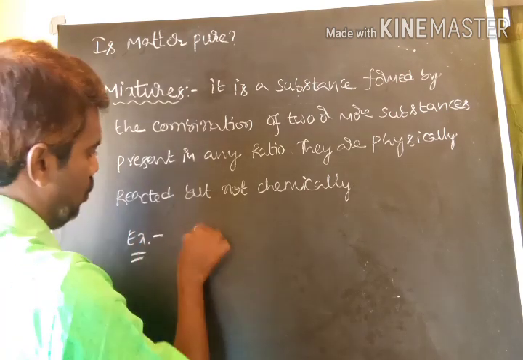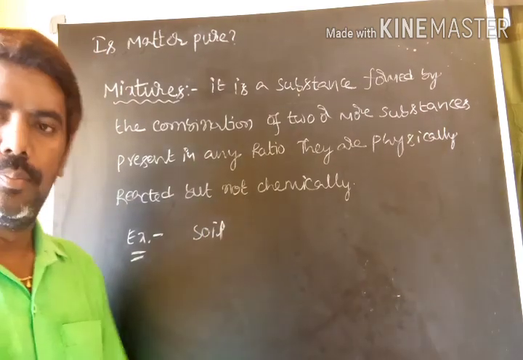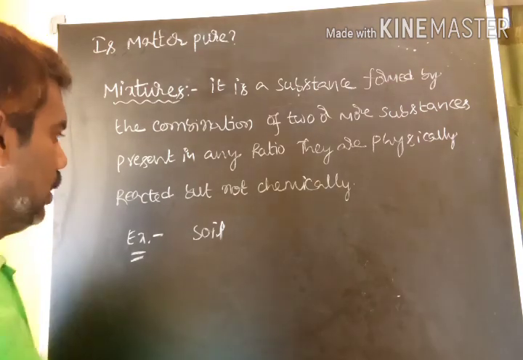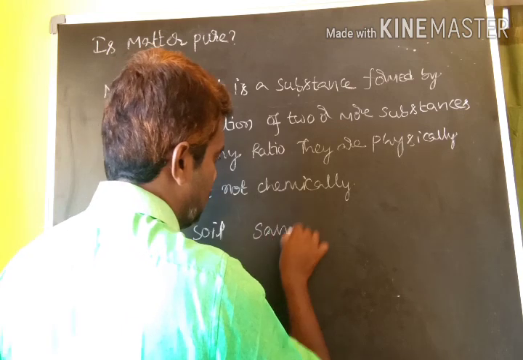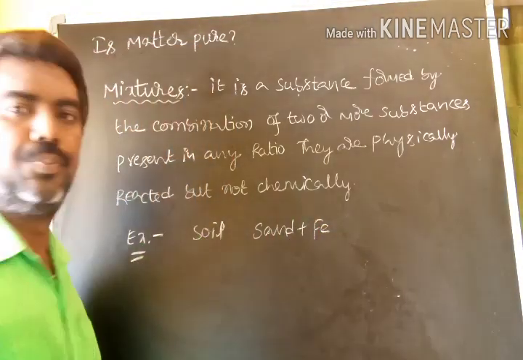Just now I told you the soil is an example of a mixture. Here in the soil, sand particles are present, and iron filings are also available.